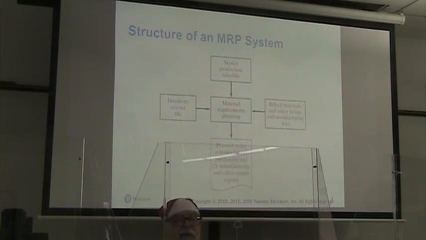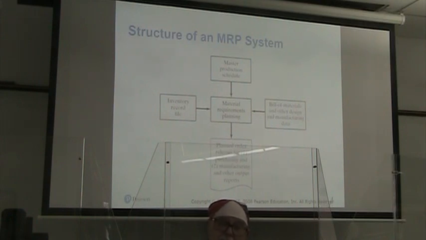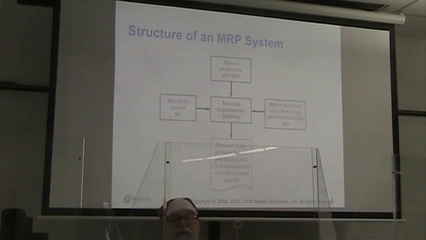Our inventory records are going to inform us because we may have parts or produced components that will go into what we need to produce the products we're looking at. We're also looking at our bill of materials and any other design and manufacturing data that's necessary for building these.